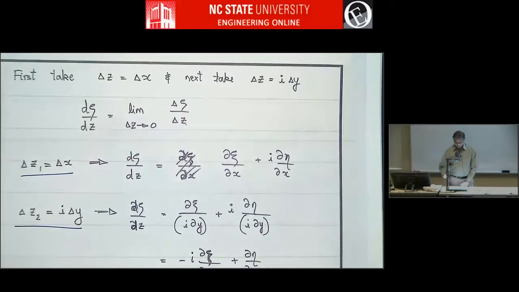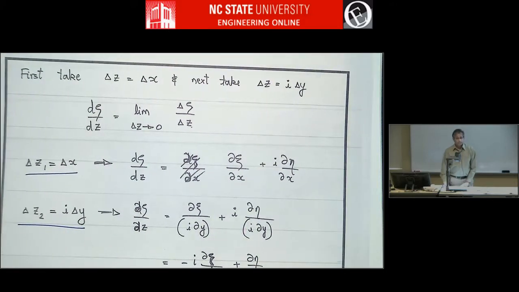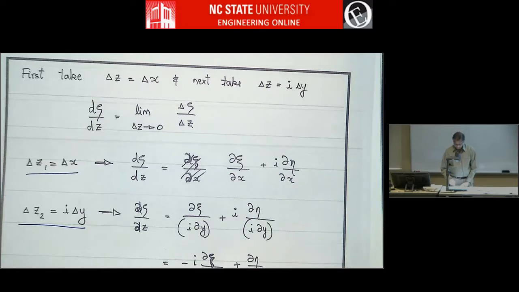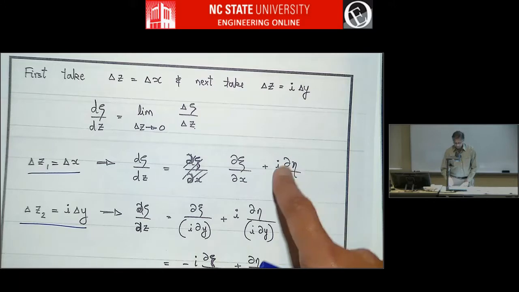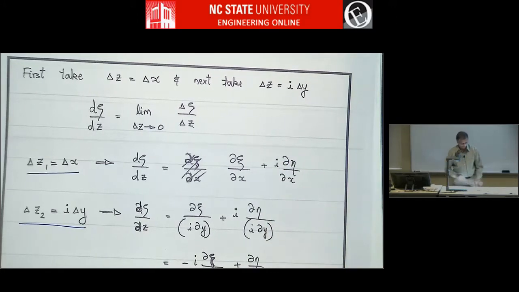Now these two derivatives have to be the same. That means you can equate this real part with this real part and this imaginary part with this imaginary part, because they have to be the same.